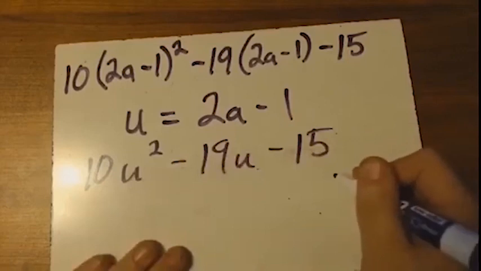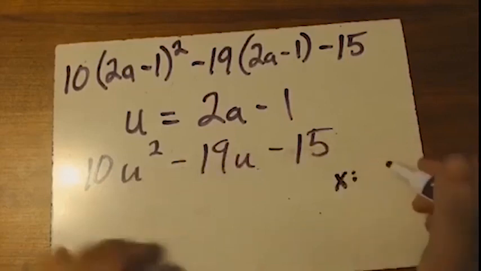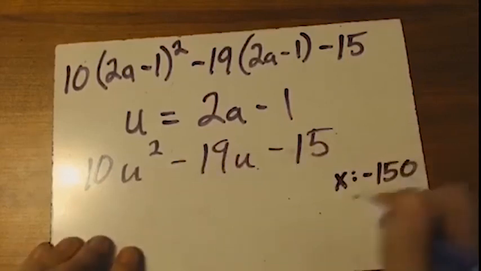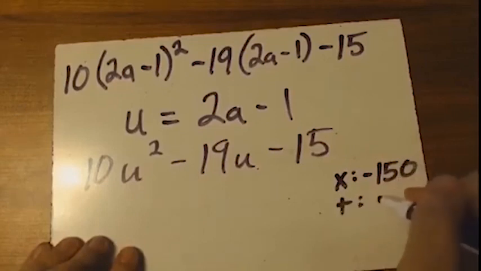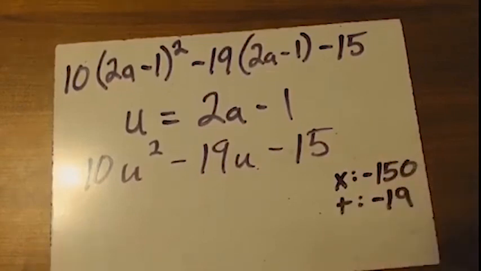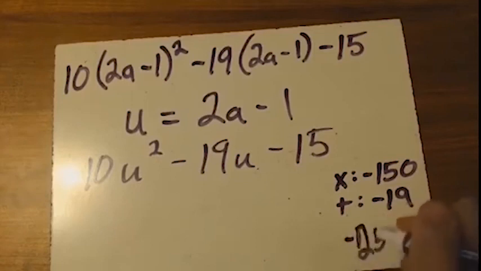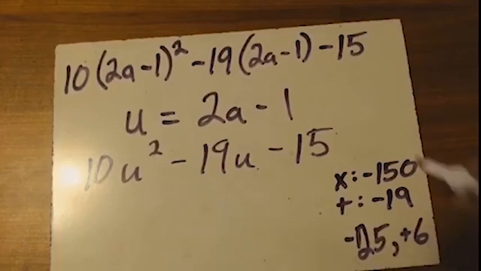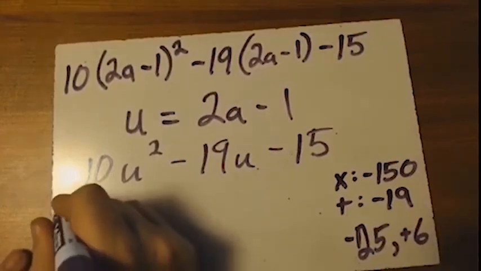So if we use the AC method, we would want numbers that multiply to negative 150 and add to negative 19. This is going to be negative 25 and positive 6. Multiplies to give negative 150, adds to give negative 19.